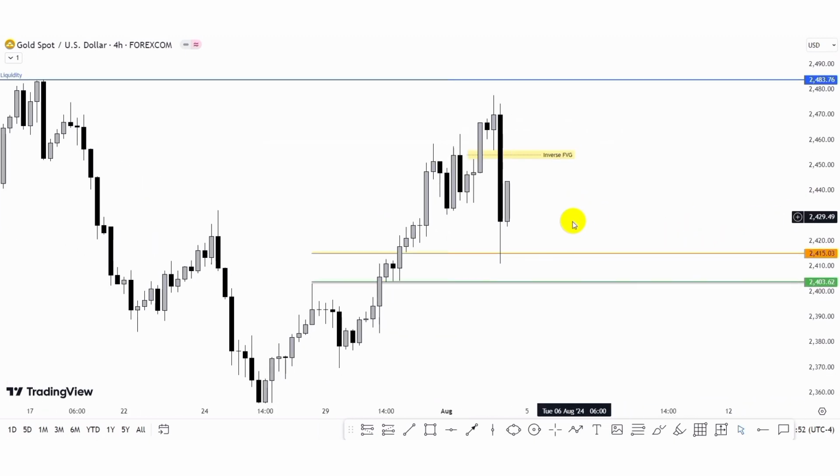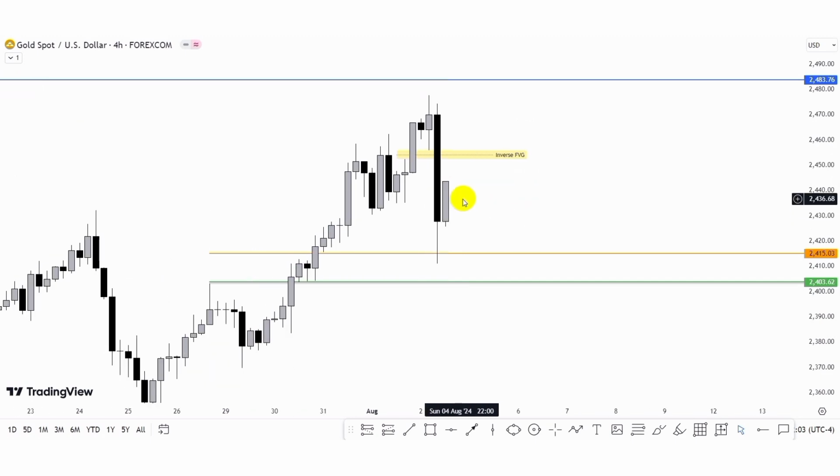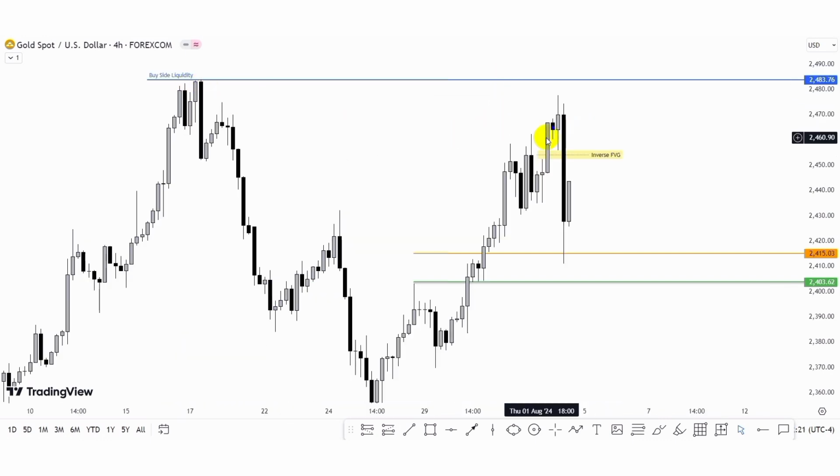We can see in the 4-hour time frame there is that return of price to this price level, and then price is pushing to the upside. So we may just see price return to this inverse fair value gap in the 4-hour time frame, and then we could see price give the bearish move to sweep Friday's low points, and then we have price push to the upside to raid the buy side liquidity.